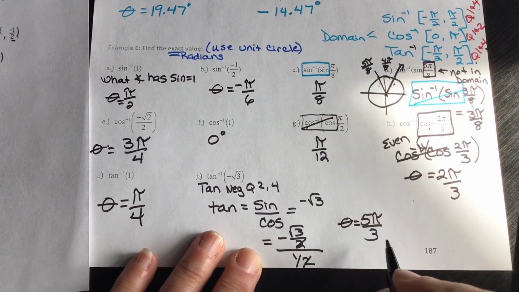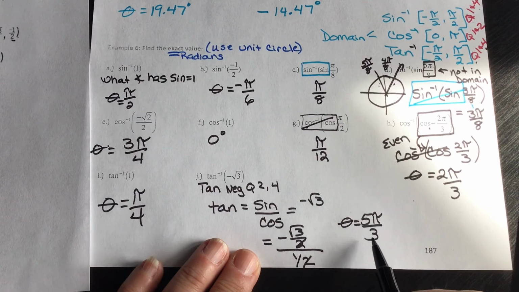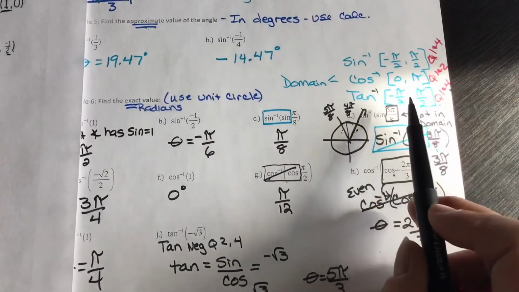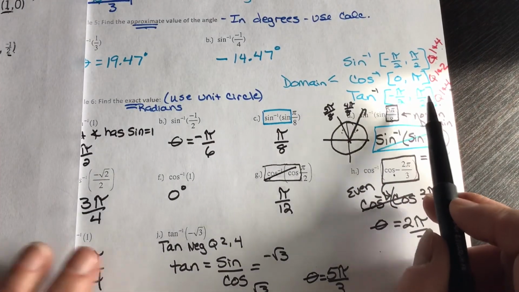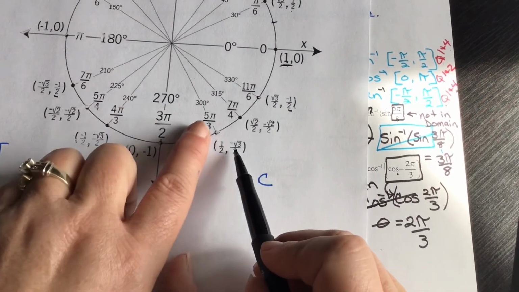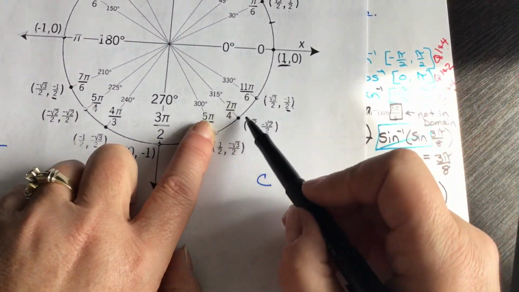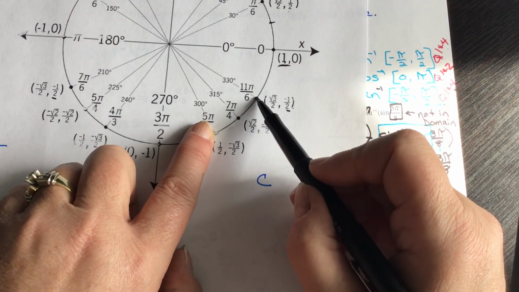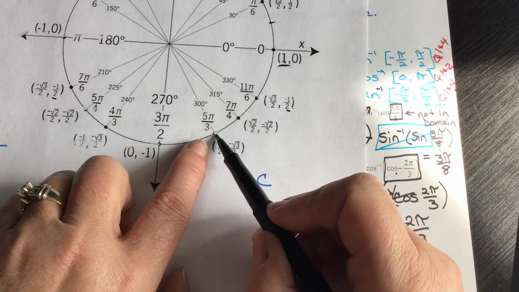But this is not between negative pi over 2 and pi over 2. But if I take this same angle right here and I figure out how to get this back here, this is 1 pi over 3, 2 pi over 3.